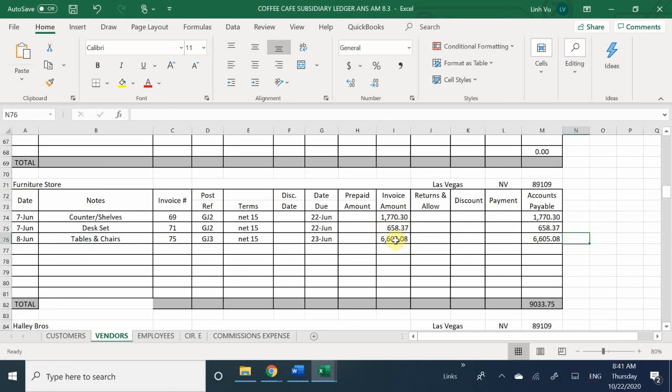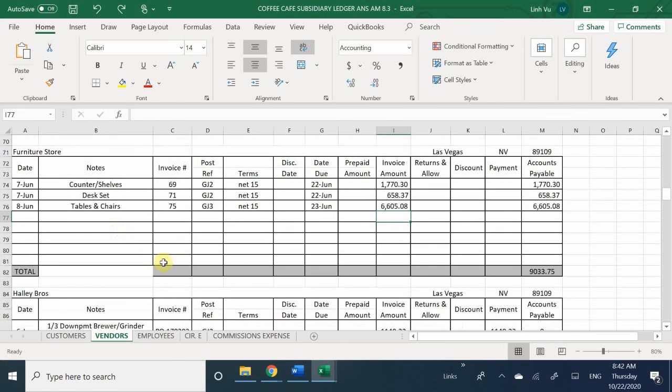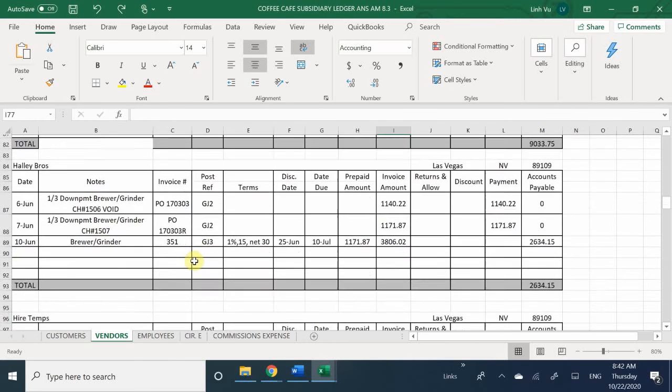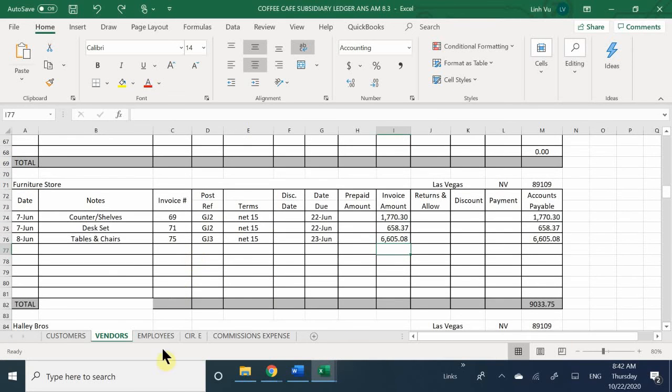Okay. Right. What I can do here is clear this out. 2428.67 is correct. I'm going to go ahead and undo that. 2428.67 is going to be our total amount, and we're paying for which bills? Invoice 69 and 71. Okay.